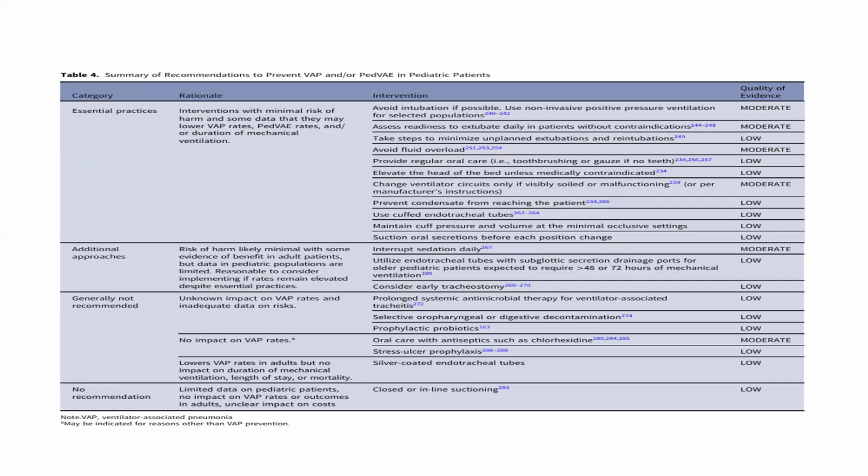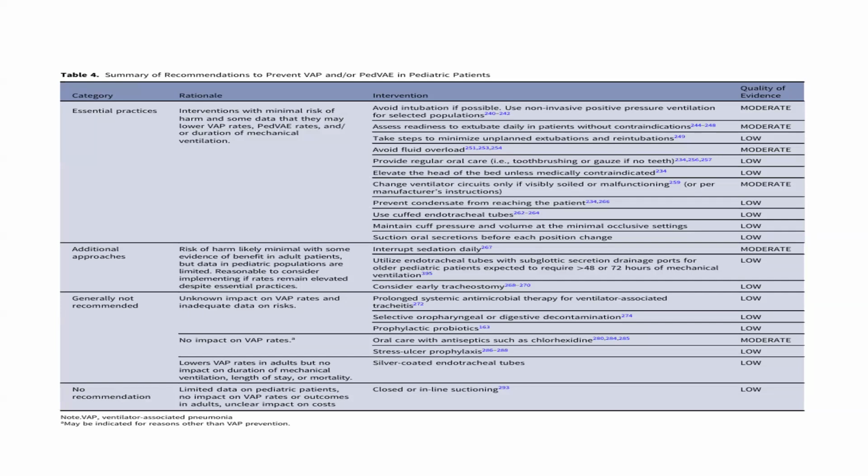Prophylactic probiotics: what they are saying is that prophylactic probiotics increase the risk of systemic bacterial and fungal infection, so there is no evidence for using prophylactic probiotics in the prevention of ventilator associated pneumonia. And regarding selective oropharyngeal and digestive decontamination, what they have suggested is we can use it only in an ICU where there is a high resistant bacterial load. Otherwise, there is no evidence for practicing selective oropharyngeal and digestive decontamination.